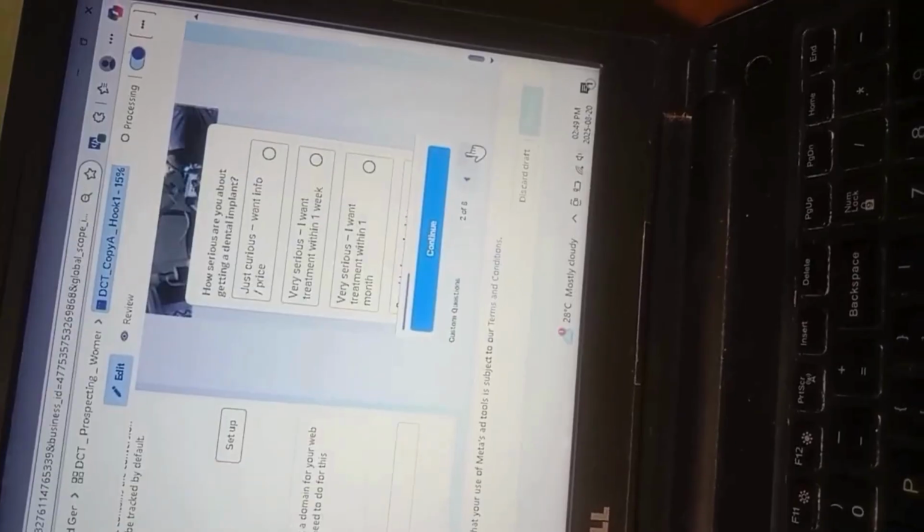So now with the instant form, we have used pretty much 5 to 6 qualification questions, about their seriousness, their approximate budget, and when they are looking to get started. We could actually use a bunch of questions. But make sure you don't use them for your local business, because that doesn't help you at all. And make sure your description and contact information are good, and your privacy policy and everything should be good.